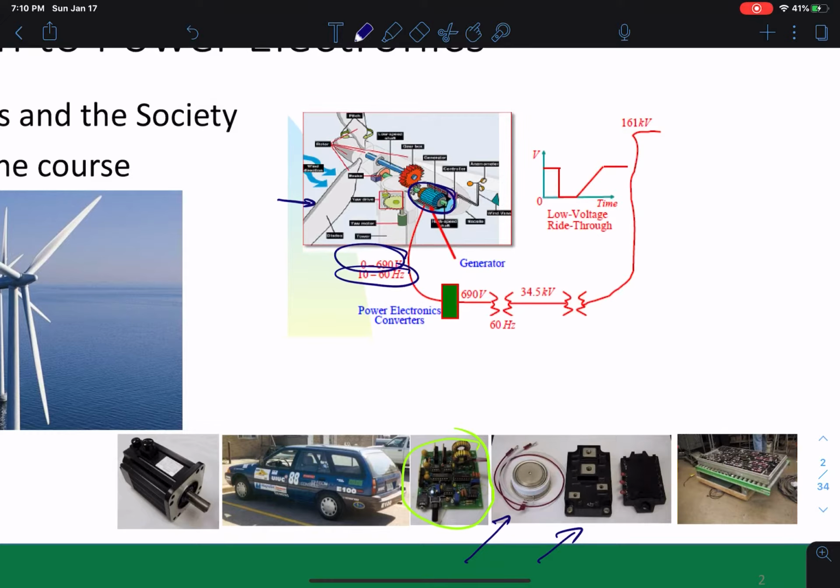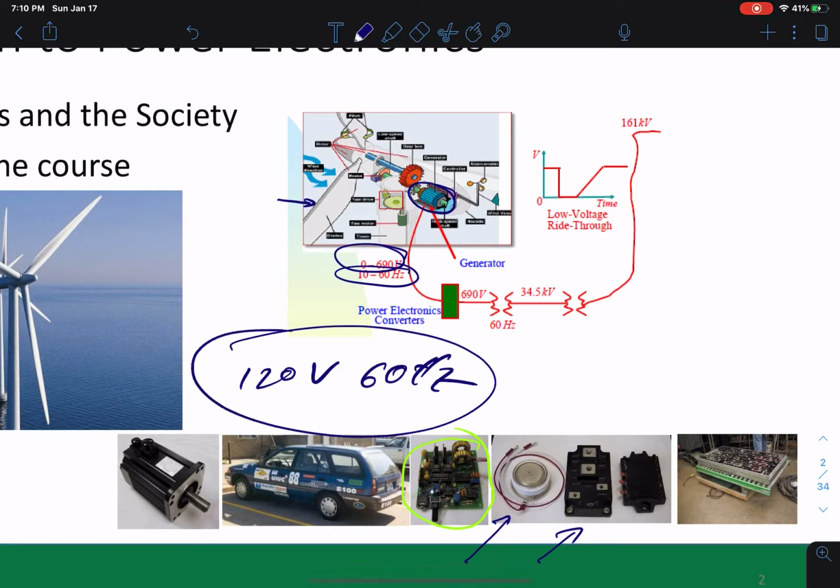But when you use electricity, you want a fixed voltage and a fixed frequency. For a household application, we want 120 volt, 60 hertz, right? So how do you get it? From here, you need to go through some conversion. First is the power electronics converter over here.